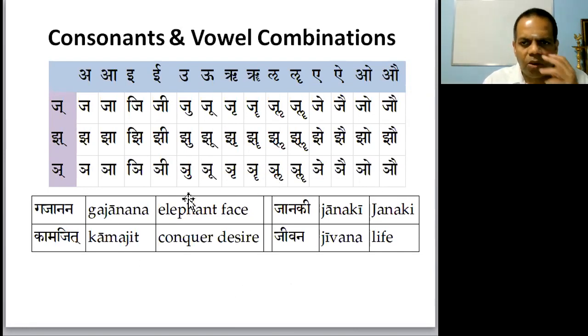This you will never come across. This letter nya actually comes only in combination with other consonants. We'll look at them later when we look at the compound consonants. But ja sounds you will come across often. So I've given a few examples. We can look at them or read them. Ga, ja, na, na. Gajanana.